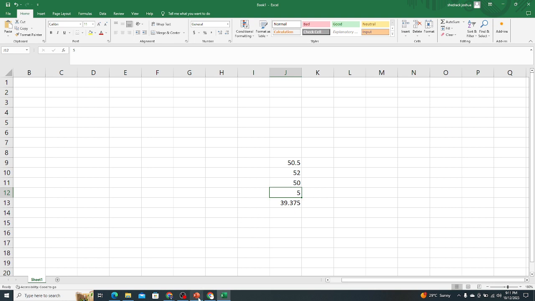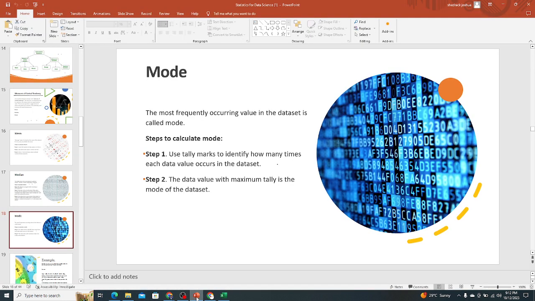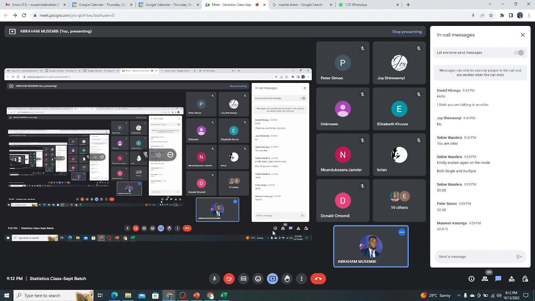So that's why we usually say mean is majorly affected by outliers. I hope that point is well explained. Okay, all good. Okay, good.